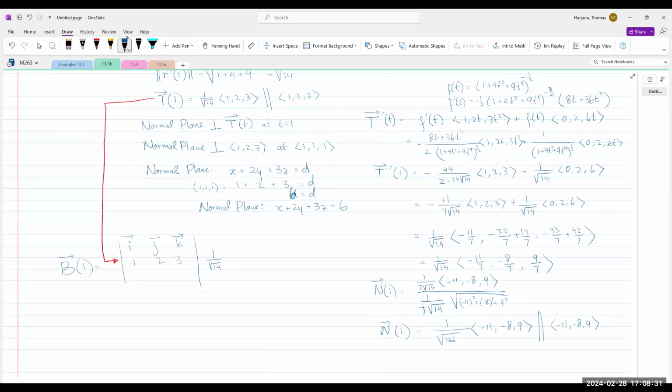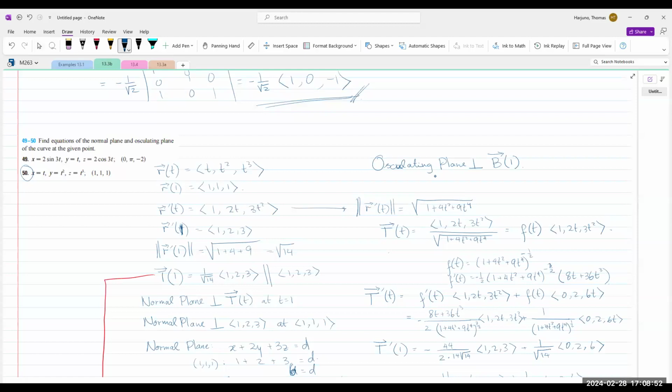And then the normal vector at 1, let me factor 1 over square root of 266 out, and then I get negative 11, negative 8, 9. And what we need is actually the vector normal to the osculating plane, right? We just need a vector normal to the osculating plane. It doesn't have to be the unit binormal vector. Anything parallel to that will be good.